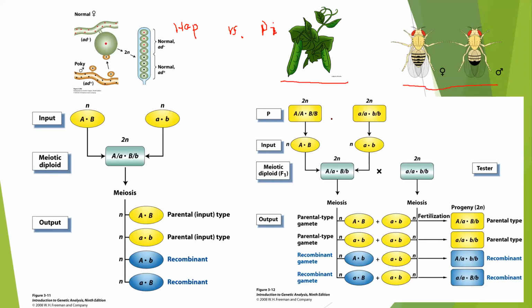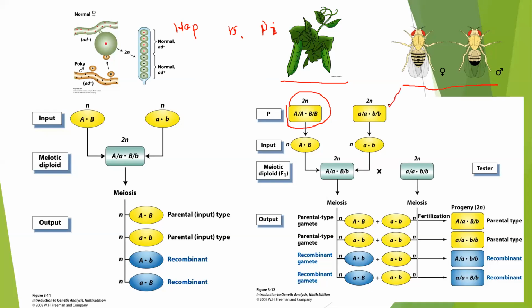So when we do the test cross, this is the workflow. We start from 2 parental lines. If we are talking about 2 genes linked, we start from 1 parental line, which is a double homozygous, capital A capital A and capital B capital B.